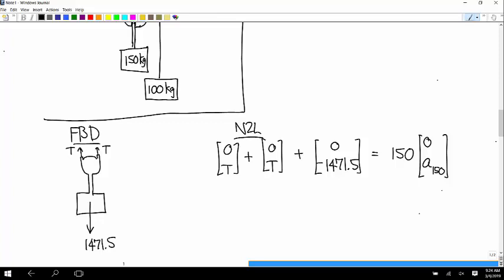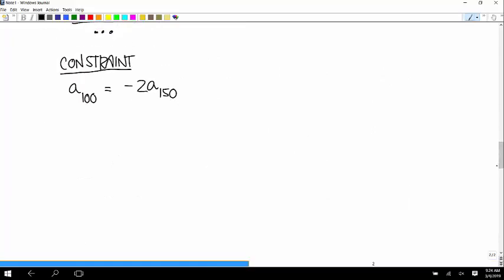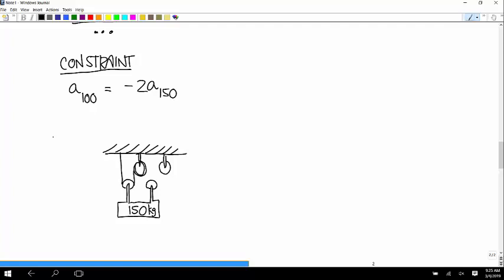And so if you rigged something up like this, so now this is the big mass, and the cable went through here, through here, through here, through here, and then attached to the 100.